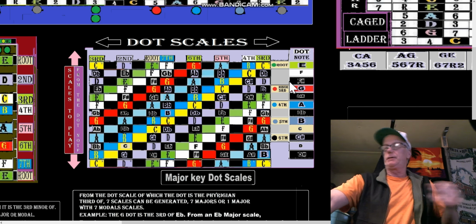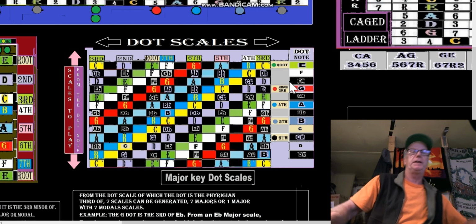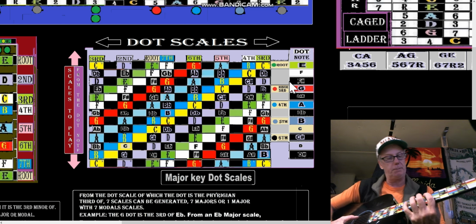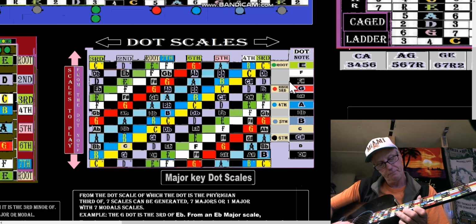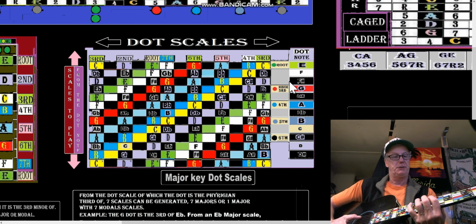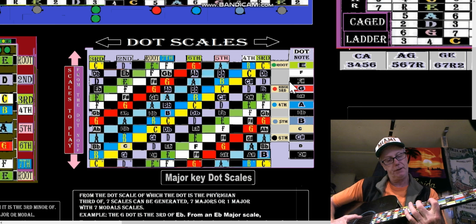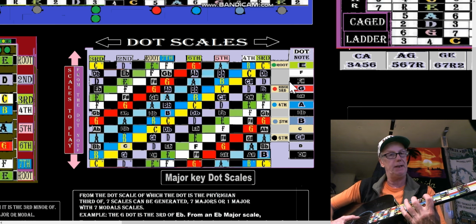And similarly for the Mixolydian, we can play a nice long pattern from there. That 5 is part of a 5/6, which is an A pattern. That's why I call the Mixolydian the A pattern.